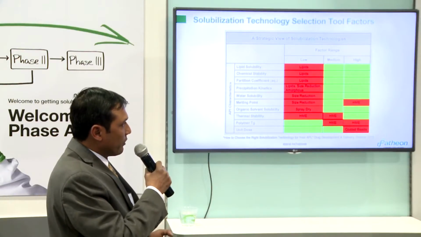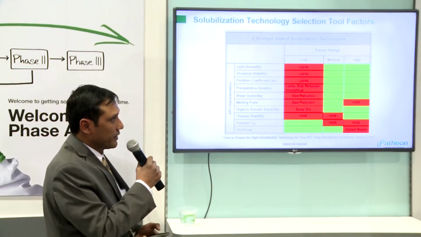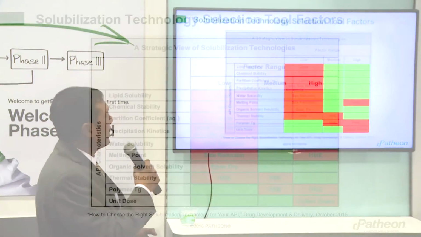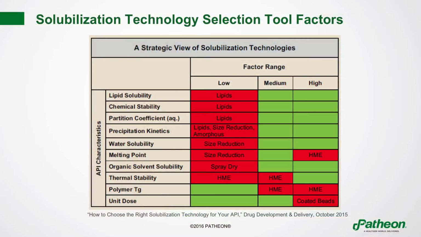Some of the inputs that went into this algorithm are shown in this slide. We look at things like lipid solubility, chemical stability, partition coefficient, aqueous and organic solubility, melting point, Tg of the drug and polymer, and dose. These are the different factors.